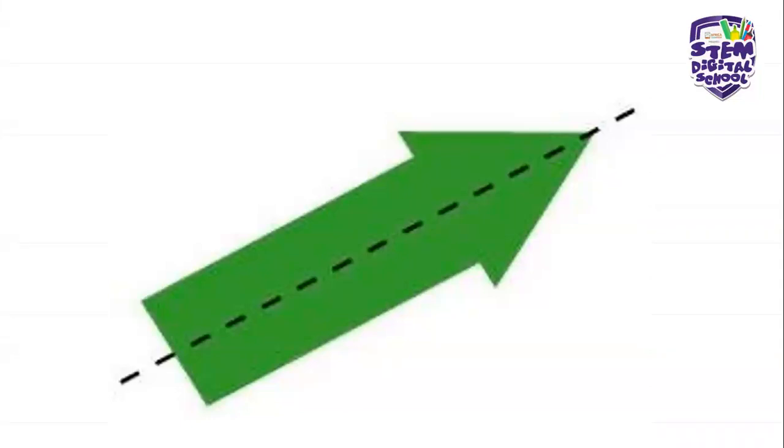And of course, if you look at this green arrow there, if you were to cut it out of the page and cut along the line of symmetry, you can take the two halves and they will match and fit exactly on top of each other. And that is what we mean when we talk about the line of symmetry, where you can cut the one half and put it on top and match exactly the other half.